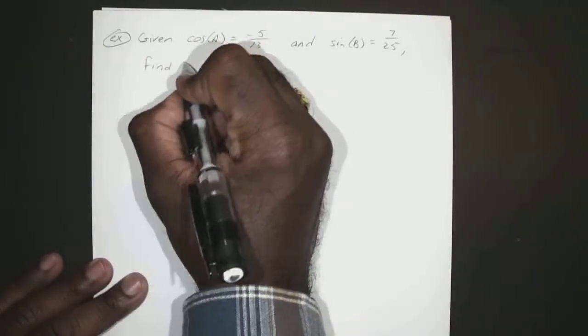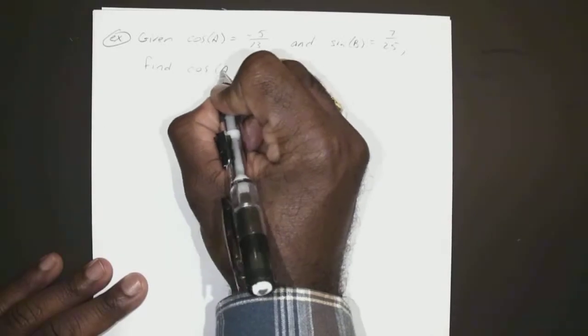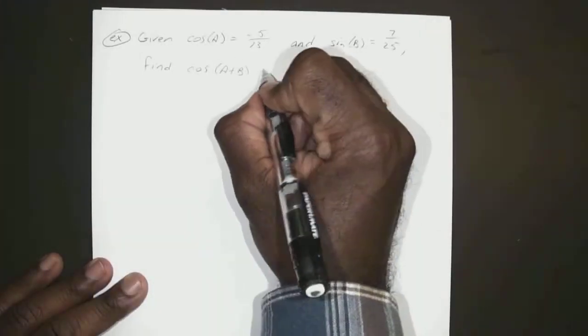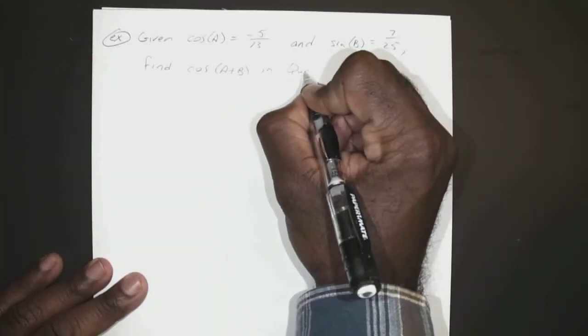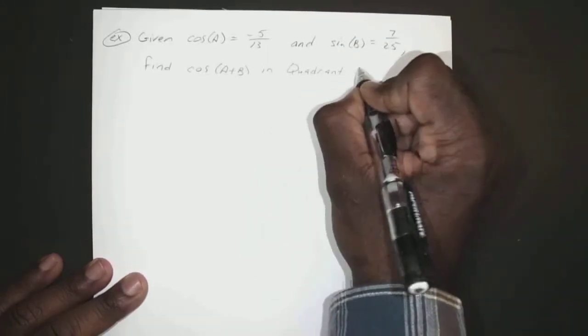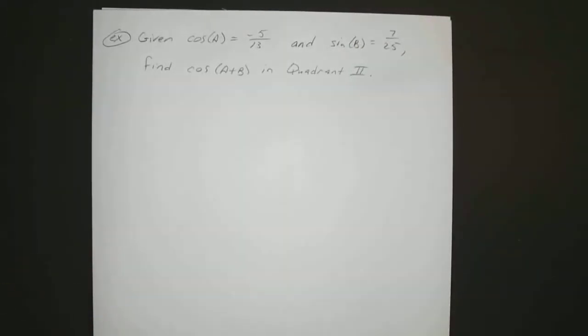And they want you to find cosine of A plus B in quadrant 2. Okay, so both of those are in quadrant 2.